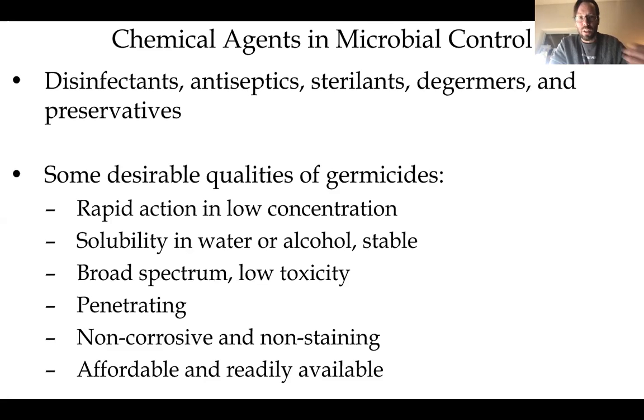So when you're using these germicides on your hands, for instance, you don't have to have a high concentration, which could be potentially damaging to your tissue. They need to be often soluble in water or alcohol because microbes are going to be sufficiently hydrated, and so you want to deliver it in something that is also a liquid milieu. It makes it easier to apply.